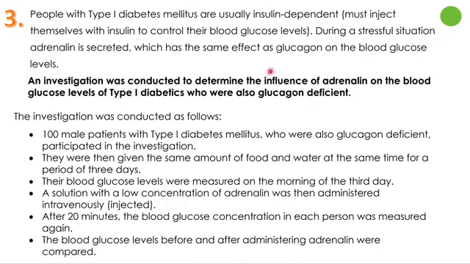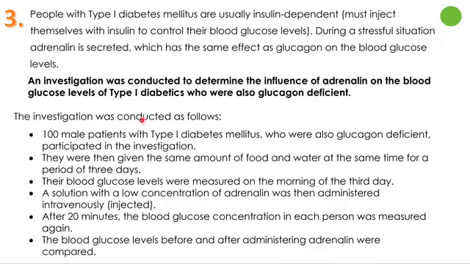Okay, why am I telling you to highlight the aim of the investigation? Because it tells you what the variables are. Without even going further, I can immediately tell you what is the independent variable and what is the dependent variable, because I know what the aim of my investigation is.